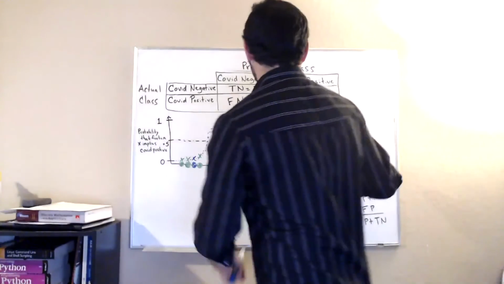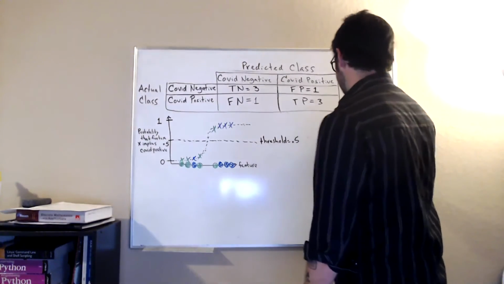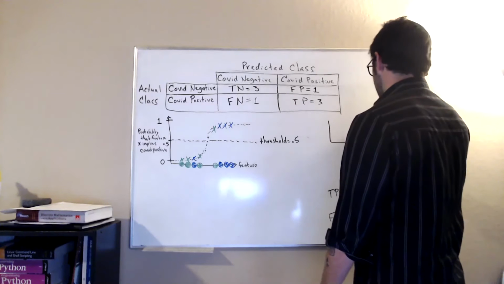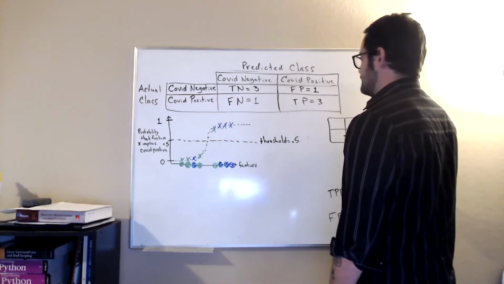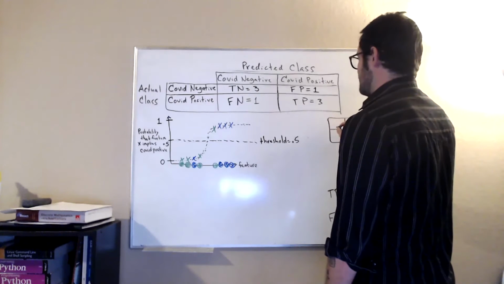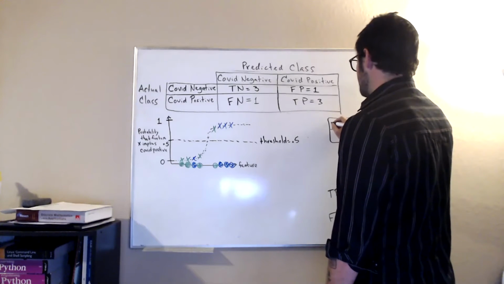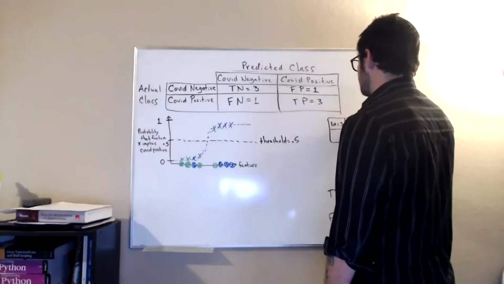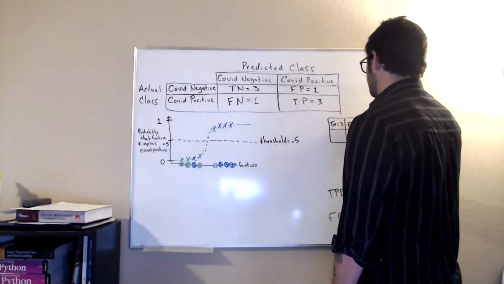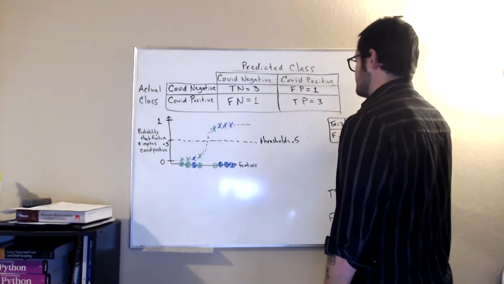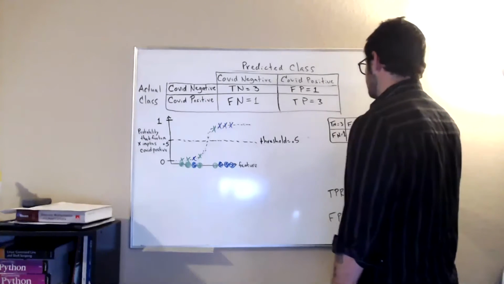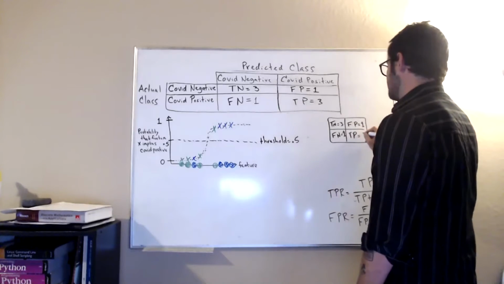All right, so I'm going to go ahead and write that down. True negative equals 3, false positive equals 1, false negative equals 1, true positive equals 3.